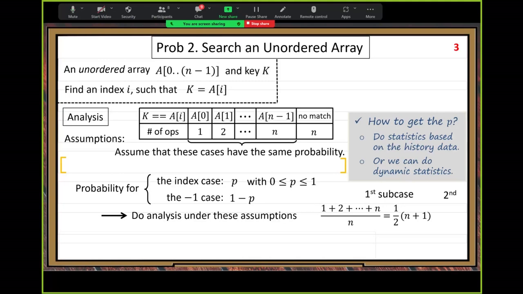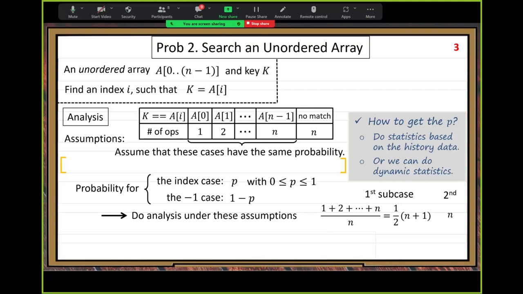For the second subcase, we look at the average, but the second subcase only has one case, right? The no match case, only one possibility. So if you only have one case, its average case is the same as itself. That is n comparisons for the second subcase.